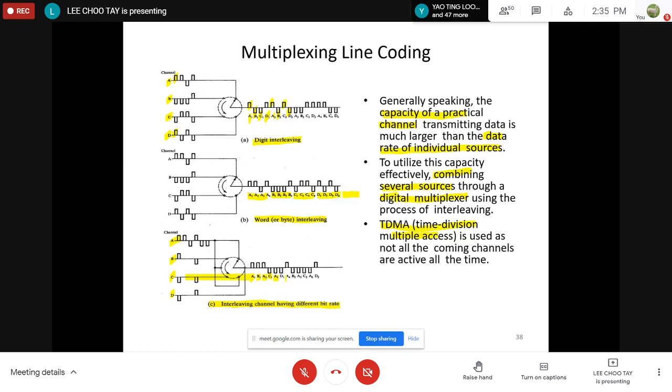Then after that, we transmit the first bit from D. After that, we switch back to A. All right. So this is called time division multiple access, and it's used when not all the information sources have the same data rate.